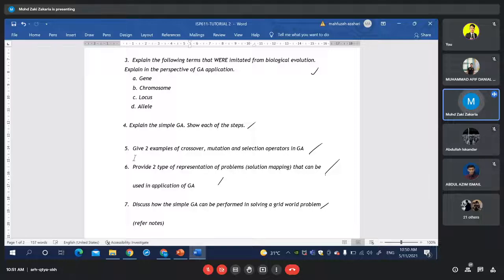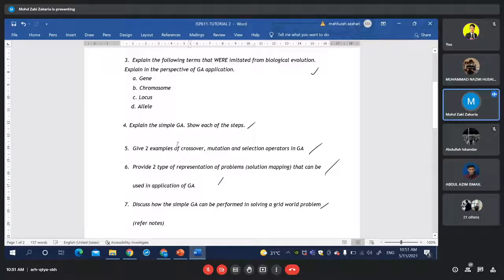No need to type because it may take too long. You just handwrite, then snap, then attach it in a Word file, then paste and attach the file in iDiscuss, then done. Alright?